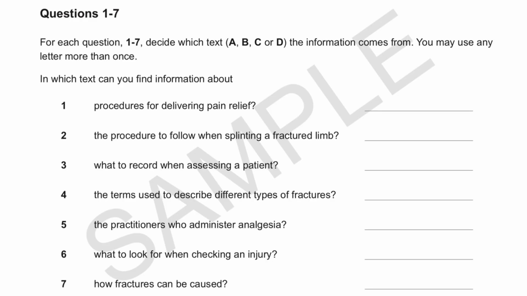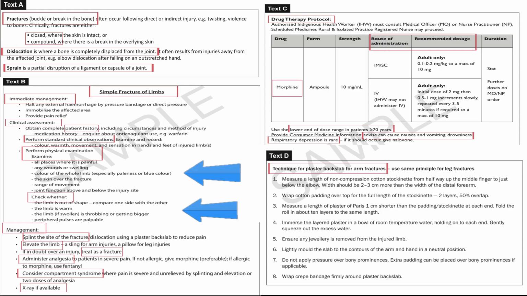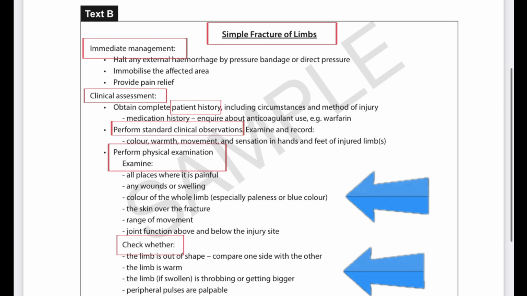Number 6, what to look for when checking an injury. So keywords are checking an injury. So when you look at the extracts and their keywords, you know that you can find this info in text B because of the keywords check whether, and under this are the things that you need to check.